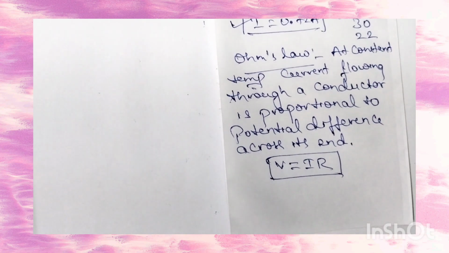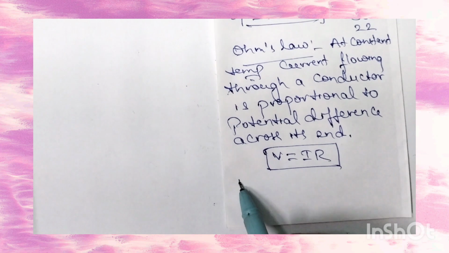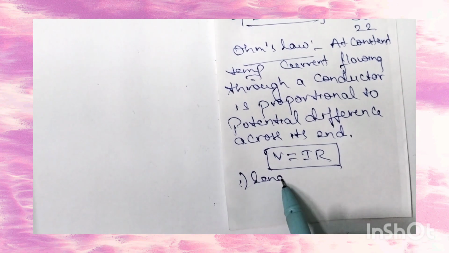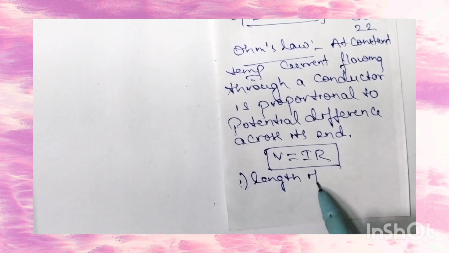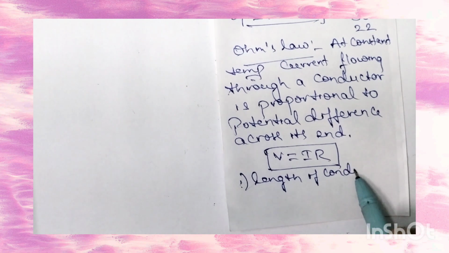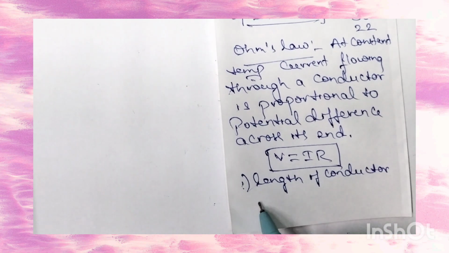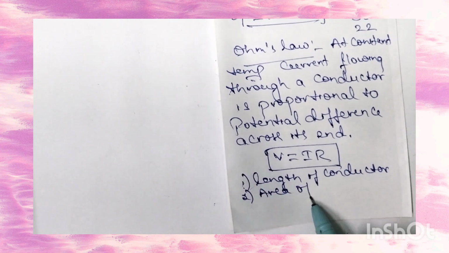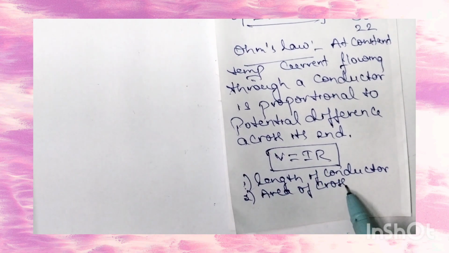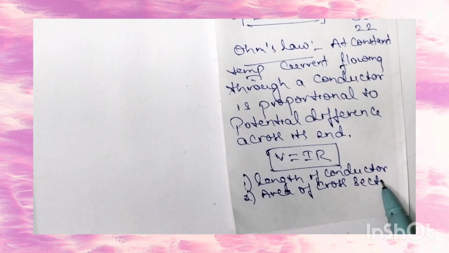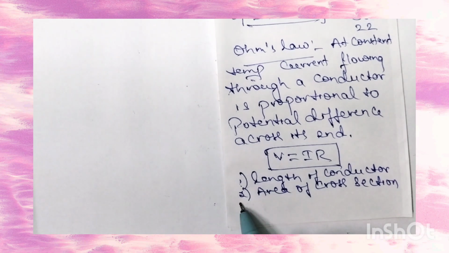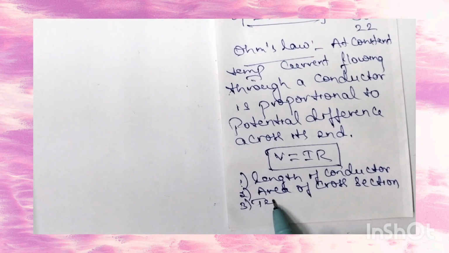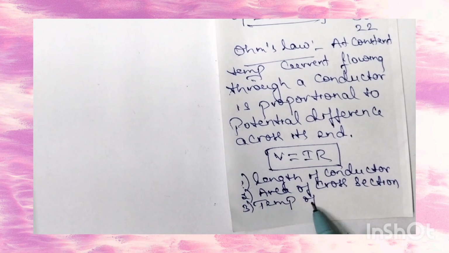Next, let us know on what factors the resistance depends. Resistance depends upon the length of the conductor. It depends upon the area of cross section. Third, it depends upon the temperature of the conductor.